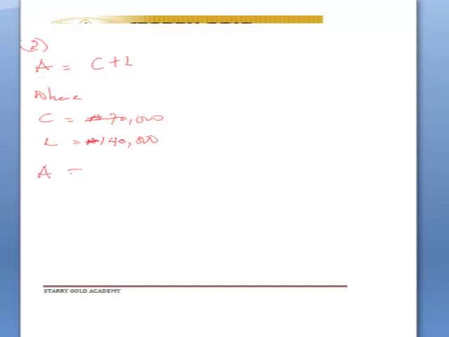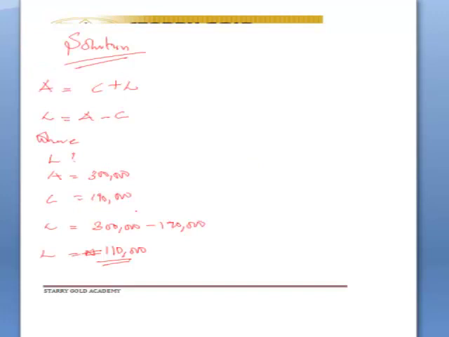So A equals 70,000 plus 140,000, and that is 210,000. So A is 210,000.